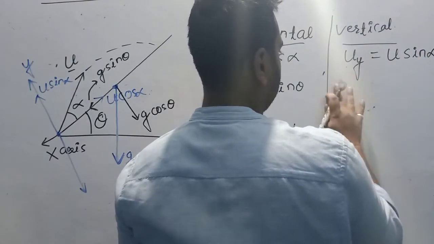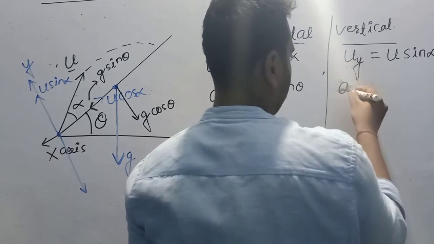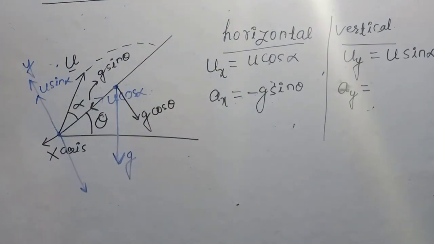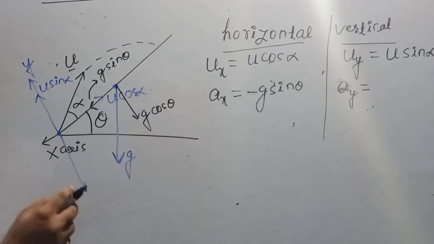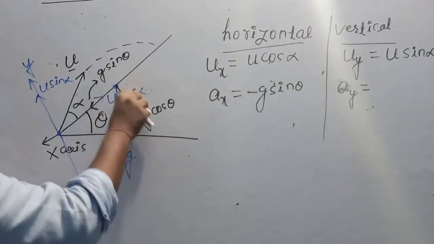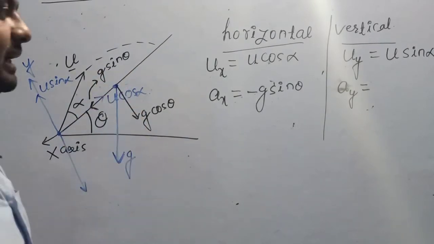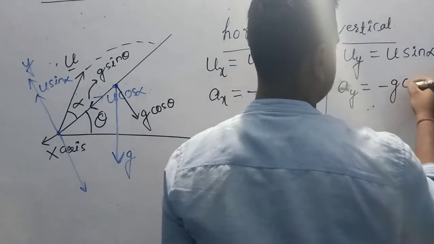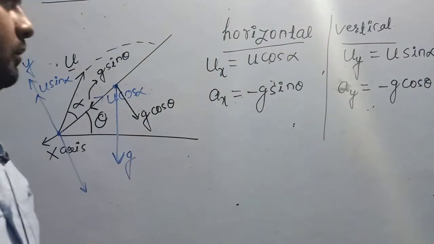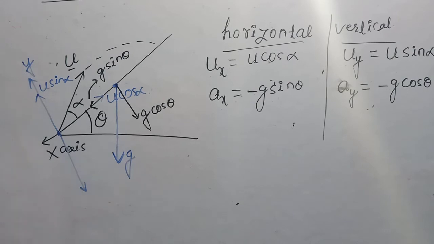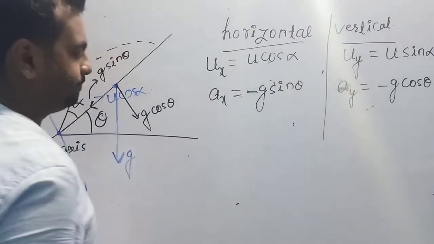Now the vertical component of acceleration is g cos theta, and it is in the negative y direction, so we write minus g cos theta. Okay, these are the horizontal motion and vertical motion of the projectile that I have written here. Once more I am telling you why I have written the minus sign.